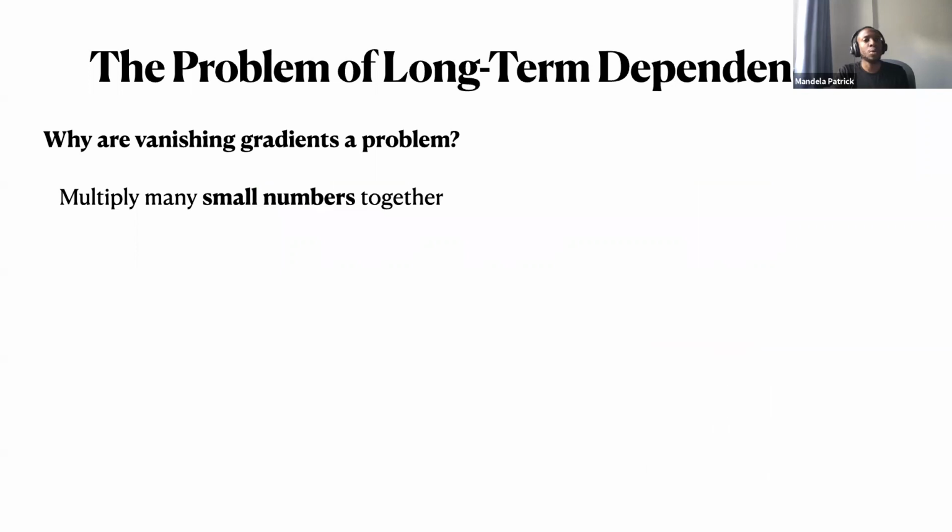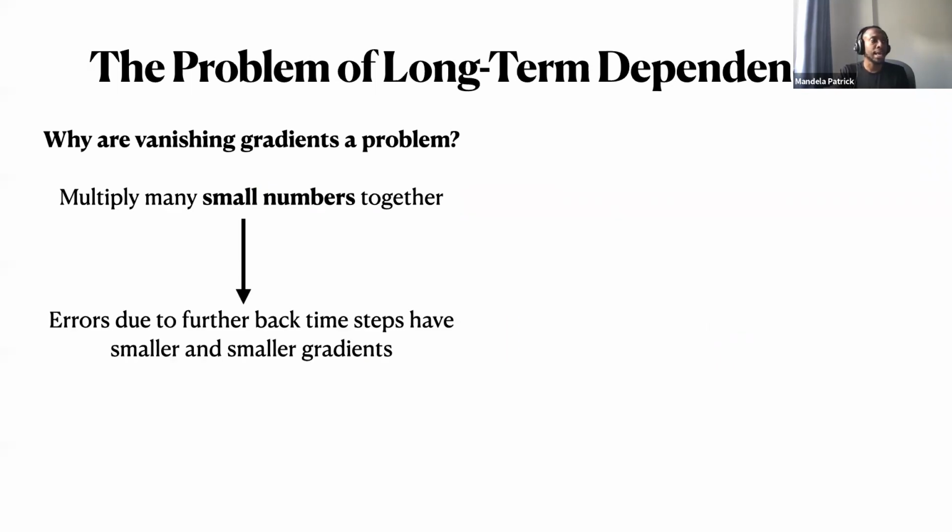As I was alluding to, with the vanishing gradient problem, when you multiply a lot of small numbers together, the errors further along in the sequence get smaller and smaller gradients. The smaller the gradient, the less useful training signal you get to update the weights.